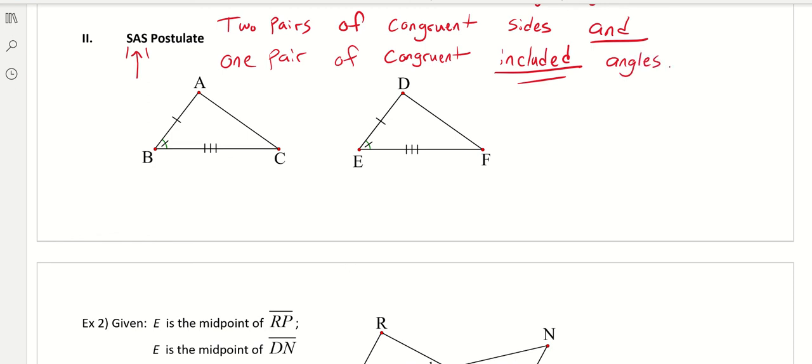So two pairs of congruent sides and one pair of congruent included angles.